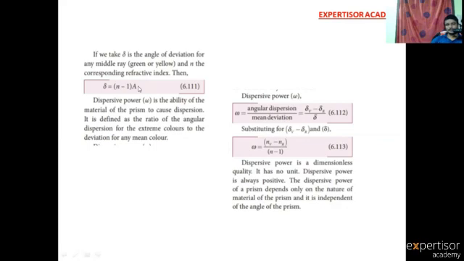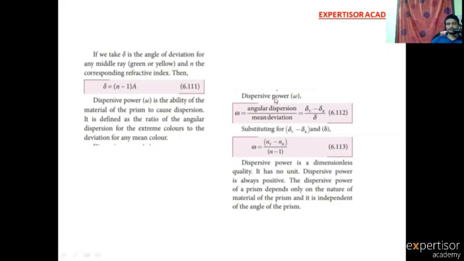Taking delta V minus delta R, we get (nv minus nr) into A. Substituting this in place of delta V minus delta R, and since delta is equal to (n minus 1) into A, the A cancels.